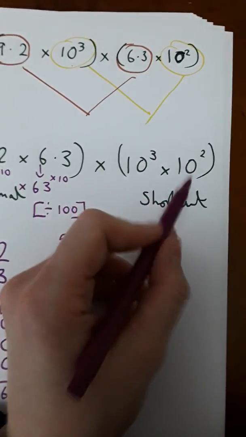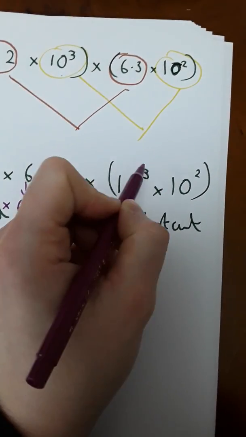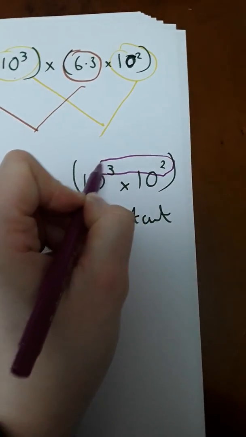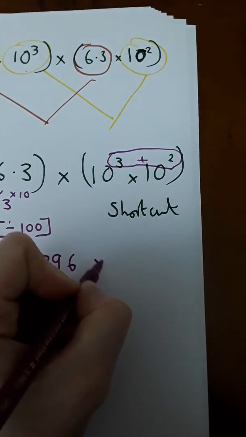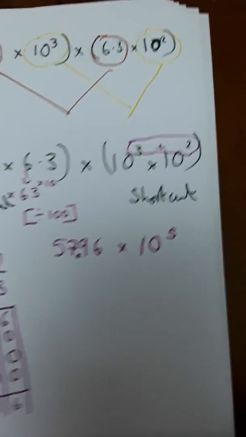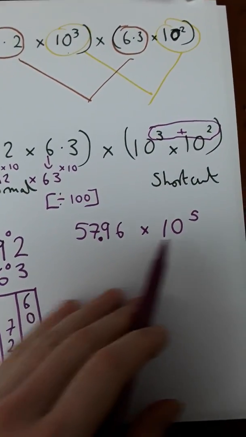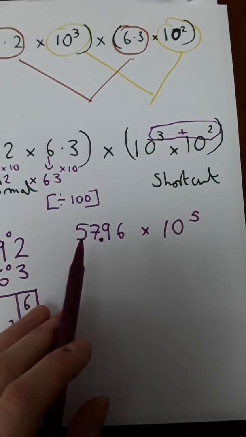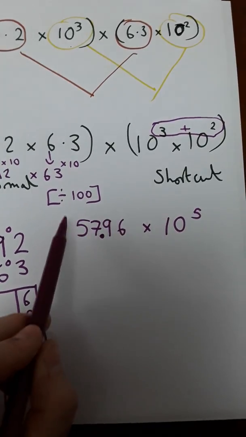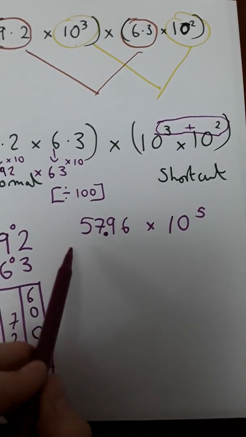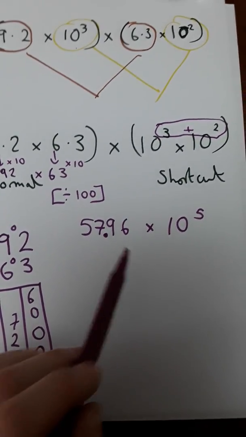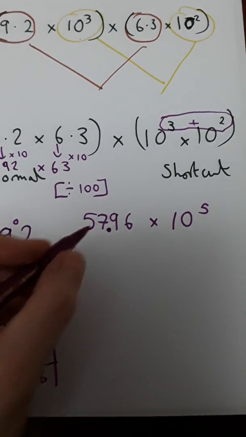Now I can shortcut rule these two. So I'm timesing them, so I'm just going to add my two powers together, so I get times 10 to the 5. Now this looks like you've finished, but in fact you haven't, because we need our number at the start of our standard form to be between 1 and 9.9 recurring.